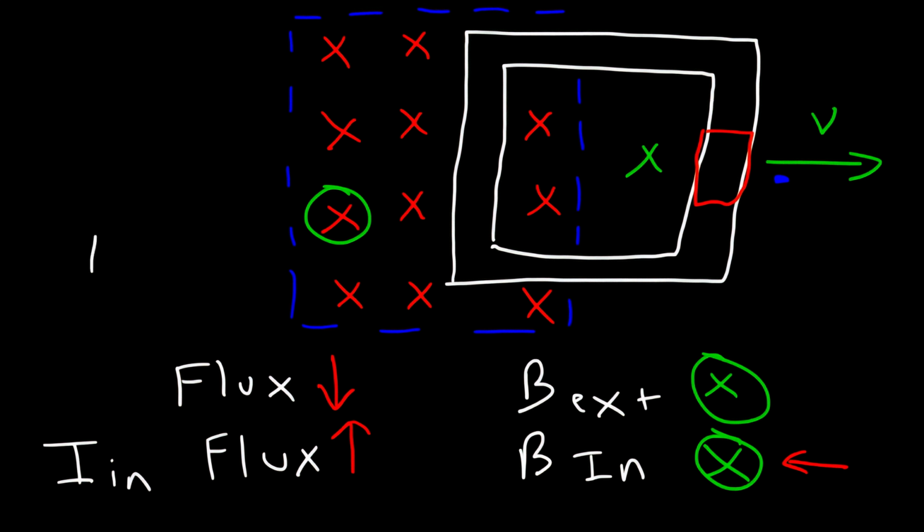Well, anytime you have a segment of wire where on the right side the induced magnetic field is going out of the page, and on the left side, into the page, using the right-hand rule, the current is going to travel down.